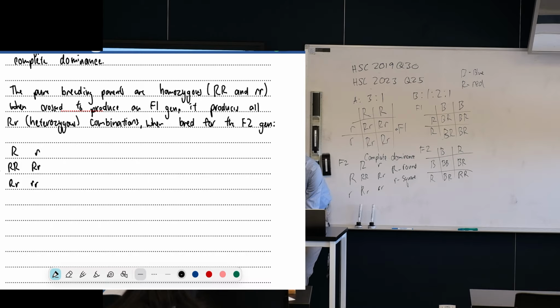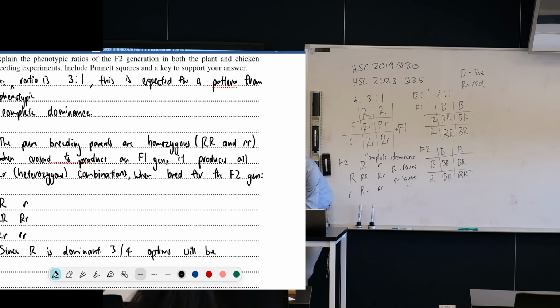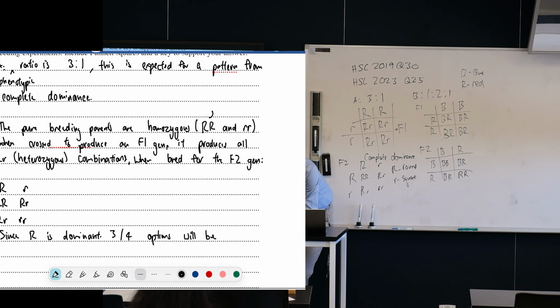Since capital R is dominant, I should assign this actually.